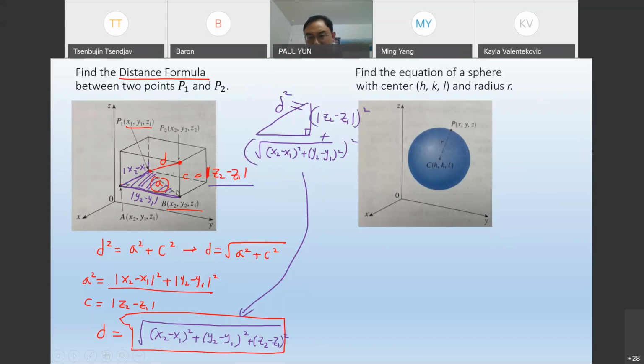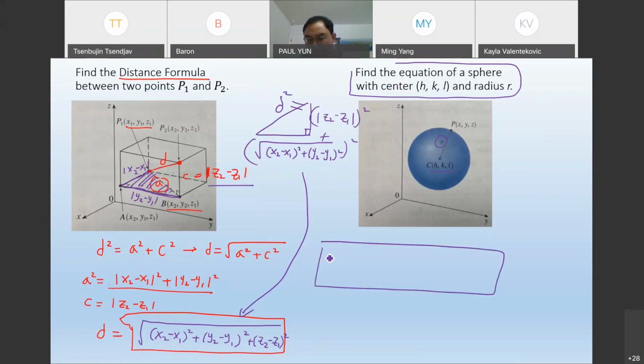All right, so now, with the center h, k, l and radius r, everybody type it.